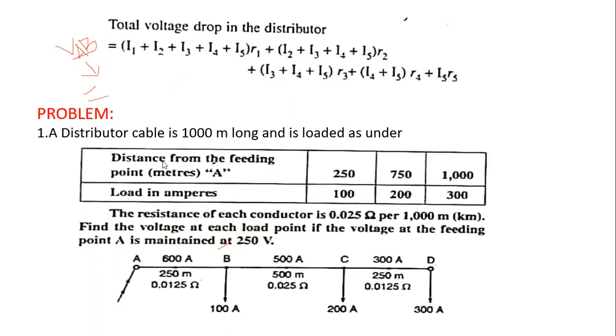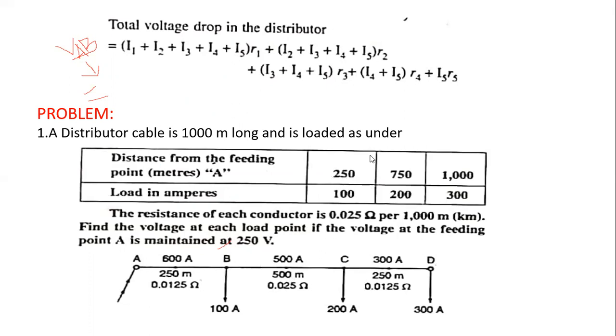First one is the distances. The distances from the point A are 250, 750, 1000. We have the loading points A, B, C, D.